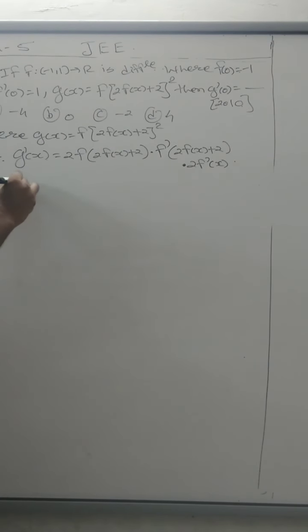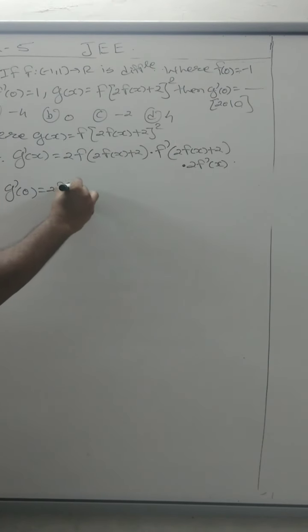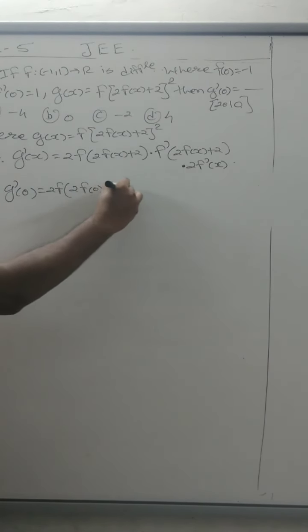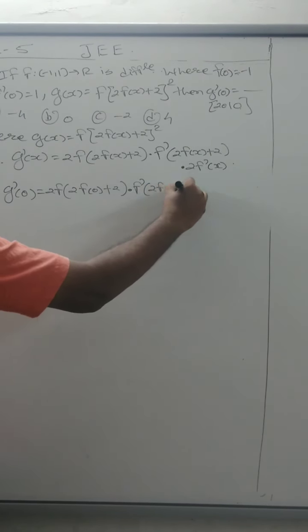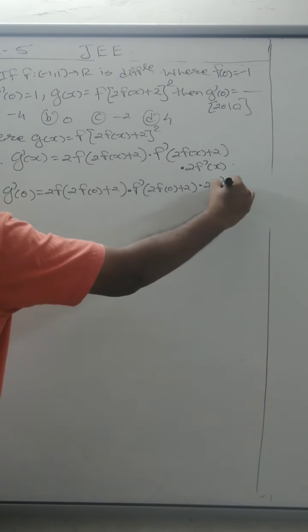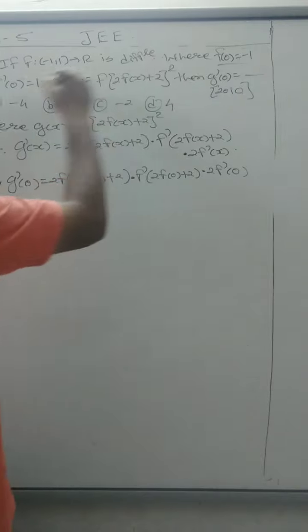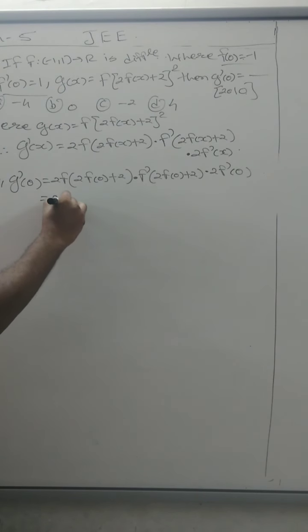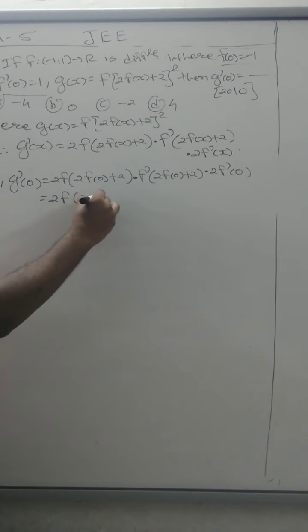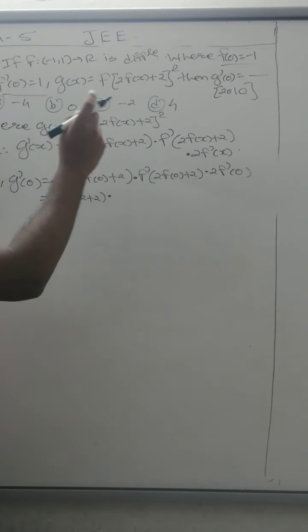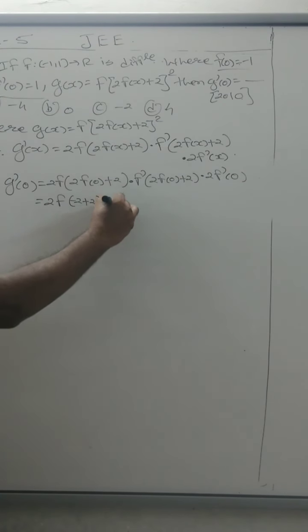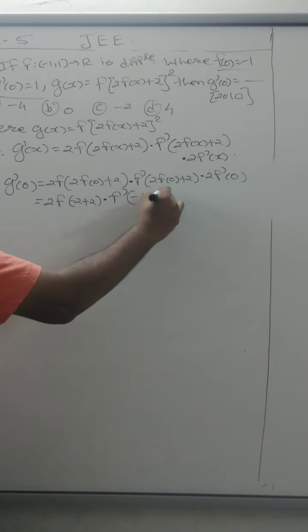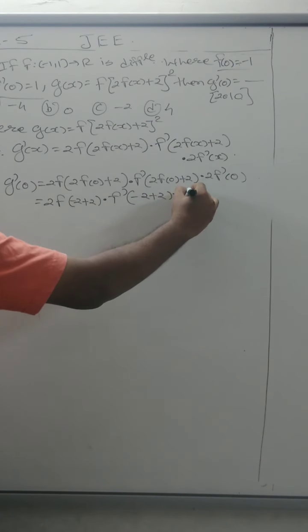Now we put g dash 0. So g dash 0 is 2f0 plus 2 into f dash 2f0 plus 2 into 2f dash 0. Now all the values are there. f0 and f dash 0 both are there. So 2f0 is 1, so 2 plus 2 into f0 is minus 1, so minus 2 plus 2 into 2f dash 0, which is 1.